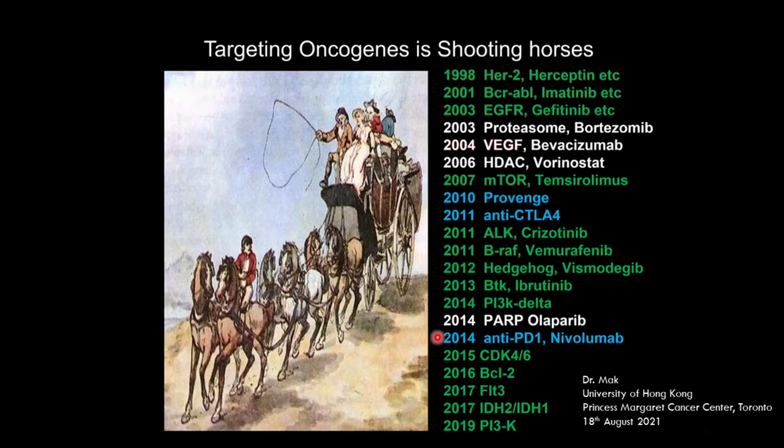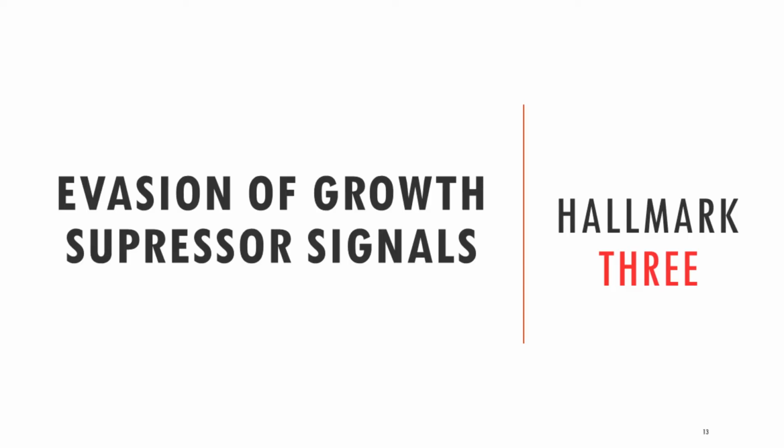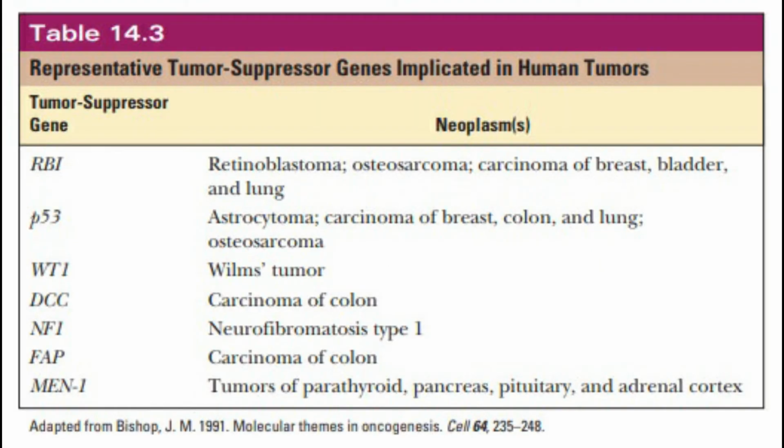On the right side of the screen, you can see a list of oncogenes with the years that they were discovered. This slide was presented by Dr. Takmak, who is the founder of one of the therapies widely used to treat cancer patients. The next three hallmarks all result due to the loss of tumor suppressor genes and their conversion into oncogenes.